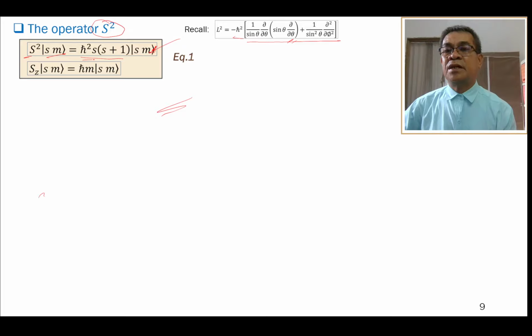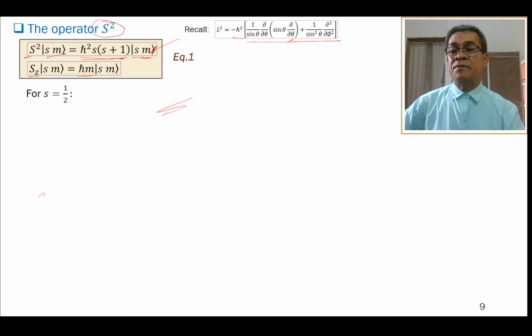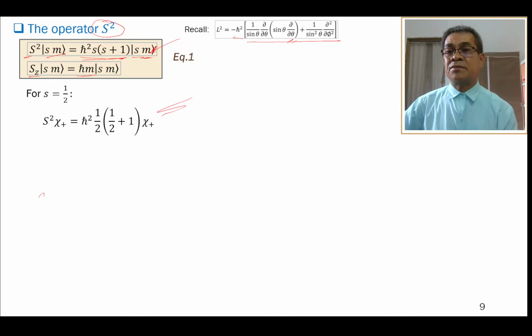Now we have this eigenvalue, and this is now the same state. So S squared, and we have this S z, and it provides an eigenvalue of h bar m. Okay, so this is again patterned after the orbital angular momentum. So for spin one half, we can now substitute the values into any of those things. So for example, S squared.